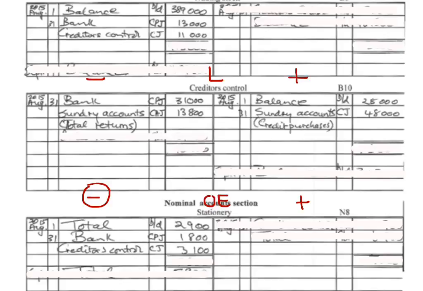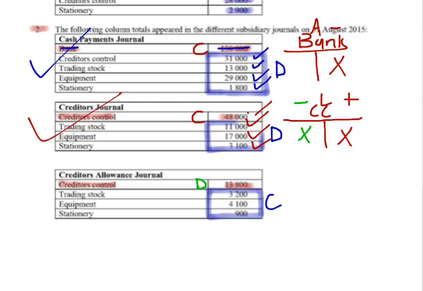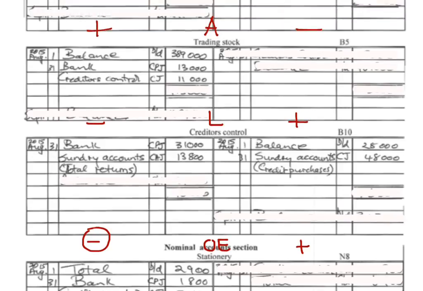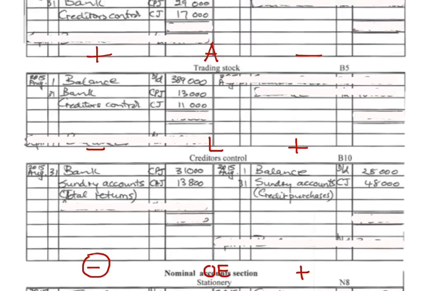So let's go and see where those credits are. The first entry was done, 13,800. Now my first account to go onto the credit side is trading stock, 3,200 needs to be credited. When I go to the trading stock account, remember this should make sense to you. In trading stock, because I've returned goods, my trading stock should decrease.